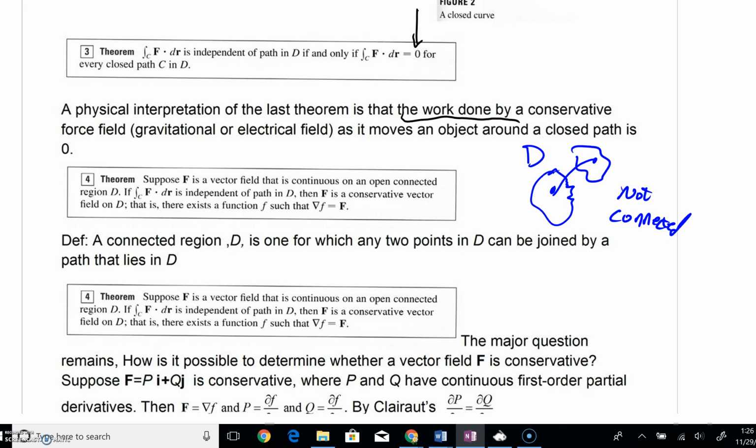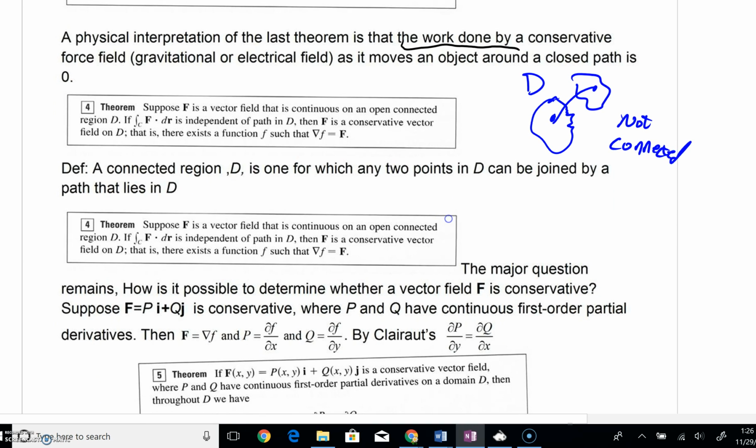Wow. Well, just continuing a little bit, this theorem right here, it's saying suppose that you have a vector field F and it's continuous on an open connected region. And if you've got independence of path, then F is a conservative vector field. That is, there is this relationship. Here's the problem.